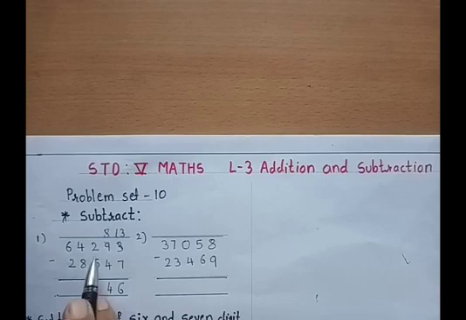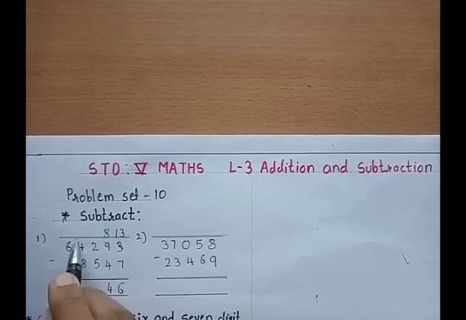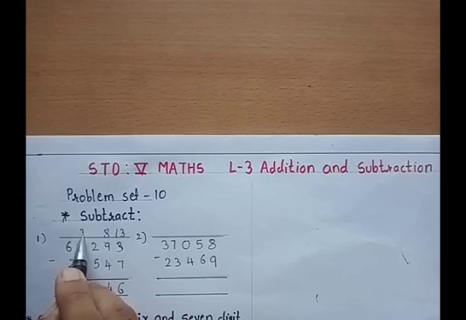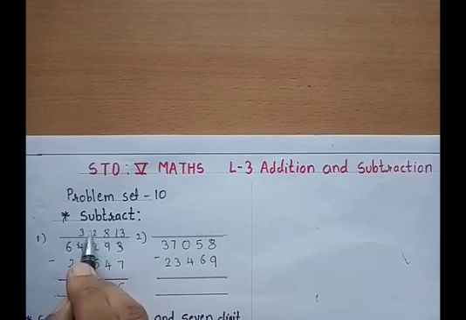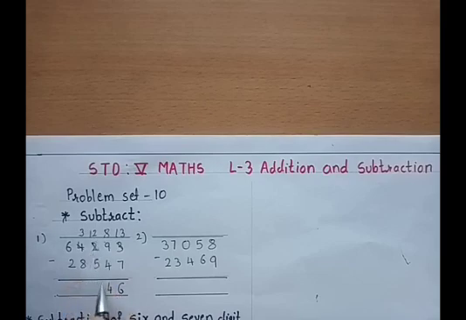Can we subtract 5 from 2? No. So borrow 1 from 4, the thousands place. Cut 1 from 4, write down 3. Put 1, so we get 12. Now 12 minus 5, we get 7.